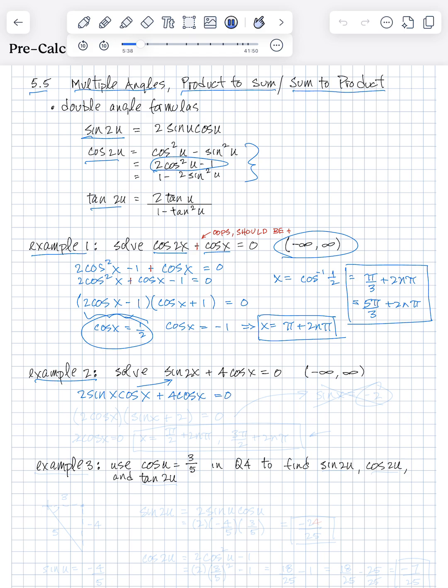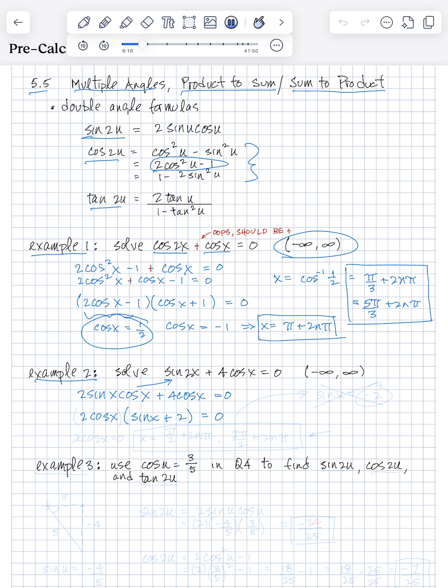So now what are we going to do with this? Well, we can factor a 2 cosine x out of it. So let's do that. 2 cosine x times, so the first one leaves us a sine x plus 2. And that's equal to 0.